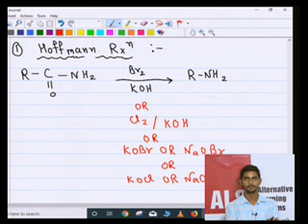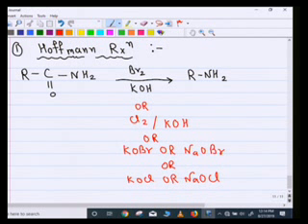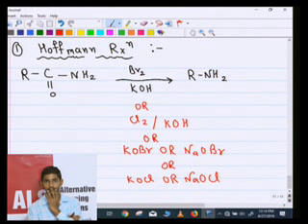Remember Br2 with KOH or Cl2 with KOH, and remember Br2 and KOH can be written as KOBr, and also it can be written as NaOBr if you use NaOH instead of KOH. Or you can write it like this, KOCl or NaOCl.